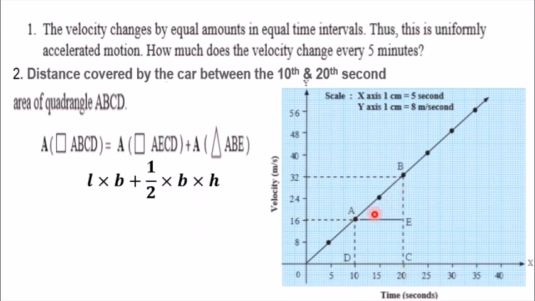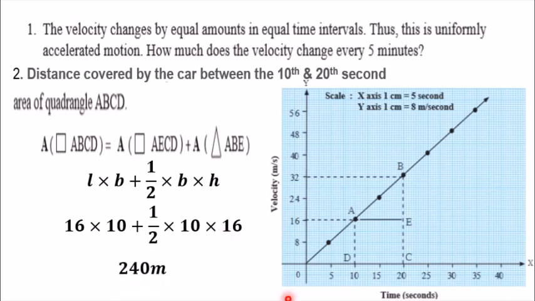Next, from this triangle we need to find the base and the height. So the base is 10 and the height is 16. Let's put the values in the formula. 16 multiplied by 10 plus half multiplied by base, that is 10, into 16, which is the height. When we calculate this, our answer will be 240.